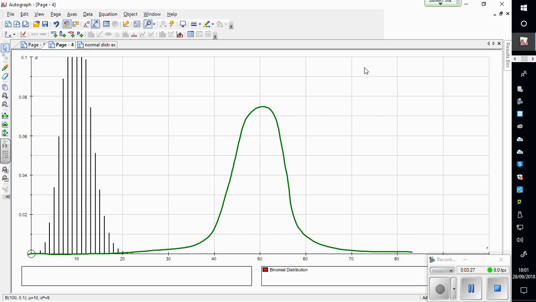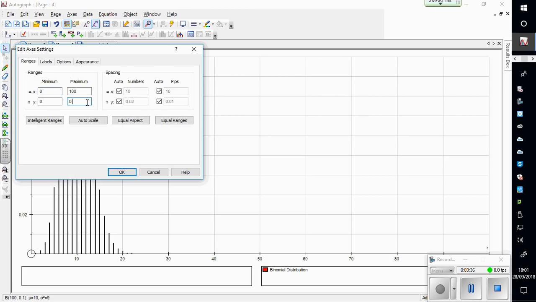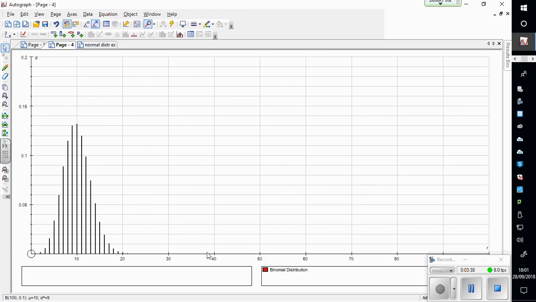But our error wouldn't be too high. Now, again, if I make p being 0.1, you can see that it doesn't look symmetrical at all. It's still skewed, this side is bigger than this side. It's not symmetrical.